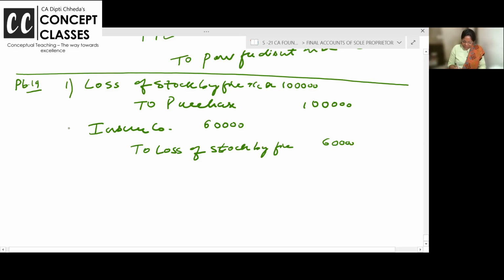This is the first entry, this is the second entry. Loss of stock by fire is 1 lakh, purchase is reduced. But out of that, insurance company is going to give you 60,000. Sorry, this loss is 1 lakh. And the remaining 40,000 we can put in P&L account, in brackets as loss. It's your actual loss. No one will repay 40,000.